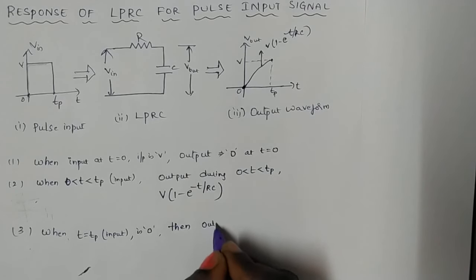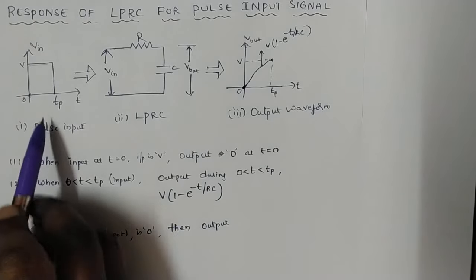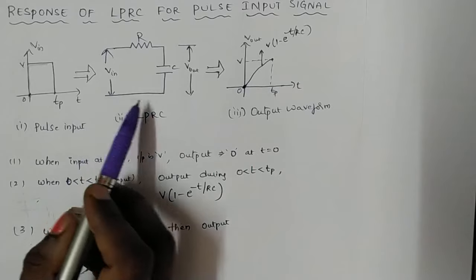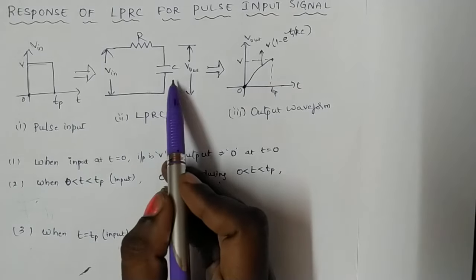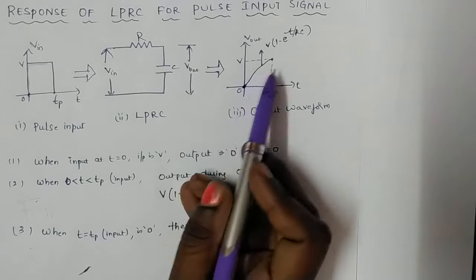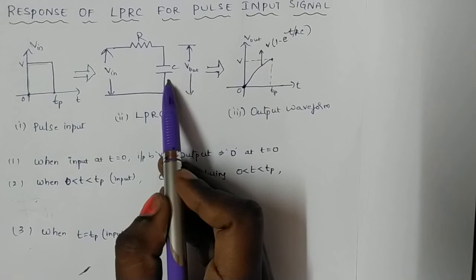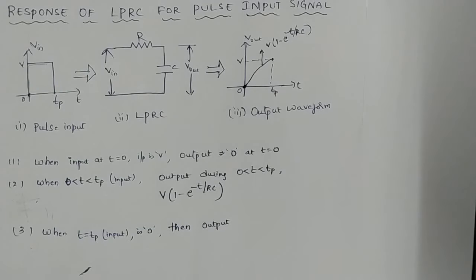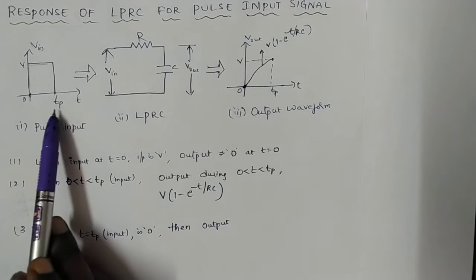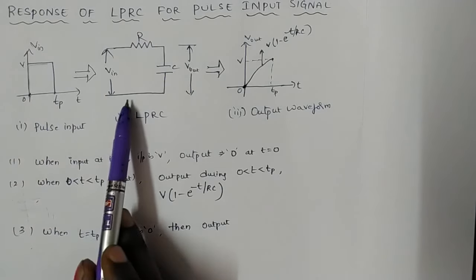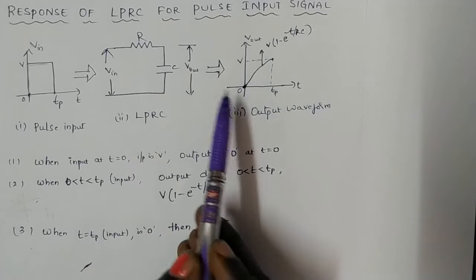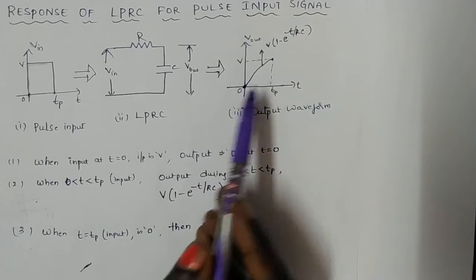How will the output be represented? When 0 volts is applied to the LPRC circuit, the capacitor is already charged to V volts. It will not suddenly change from V volts to 0 volts. It will take some time to discharge. At t equal to tp, the output remains in its state.